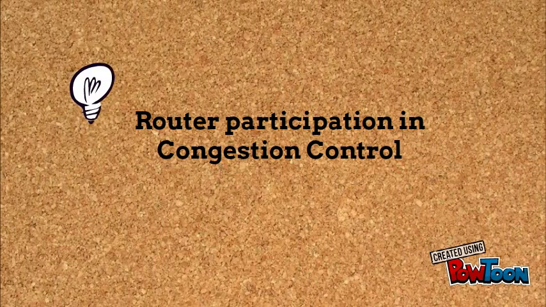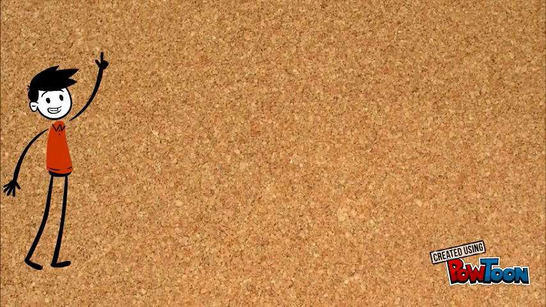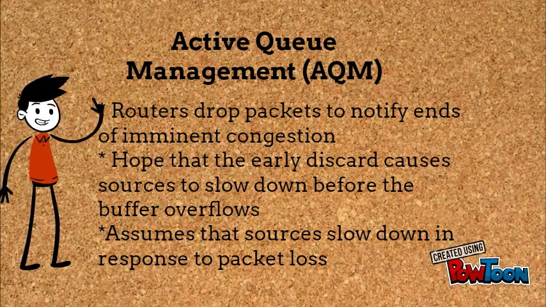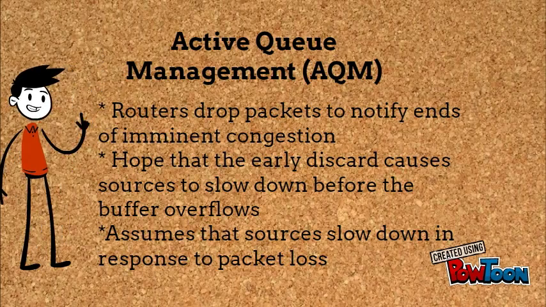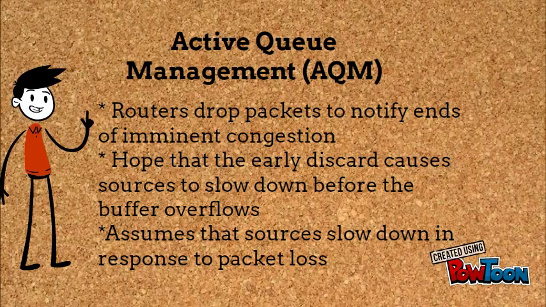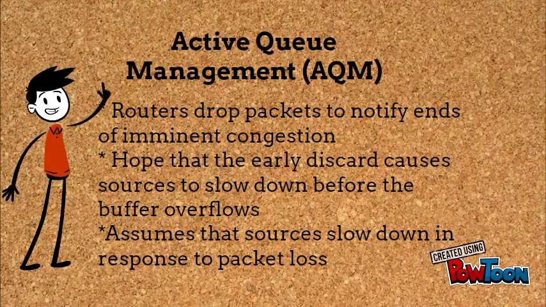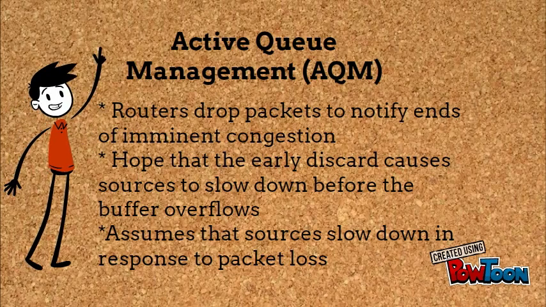Now let's move on to router participation in congestion control. We can do active queue management. Routers drop packets to notify the end of imminent congestion. The hope is that the early discard could cause sources to slow down before the buffer overflows. This assumes that the source slows down in response to packet loss.